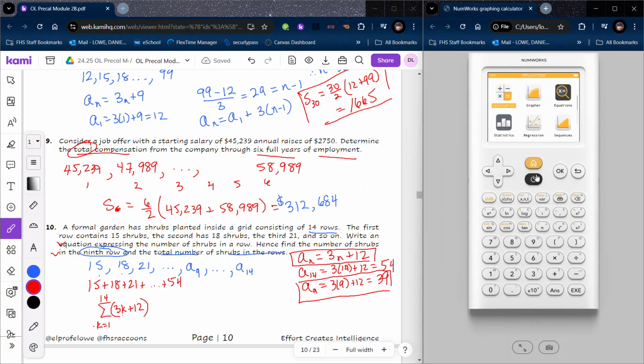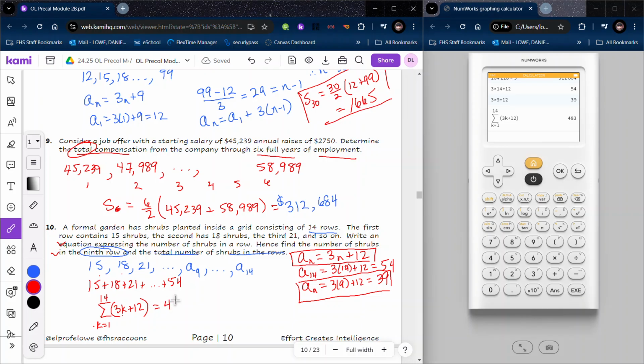And let's go to my calculator, go to my toolbox, go to calculus, arrow down to my summation, and I'm going to go from 1 to 14 of 3 times my counter plus 12, and so that gives me a total of 483 shrubs. All right, so I've got a total of 483 shrubs.